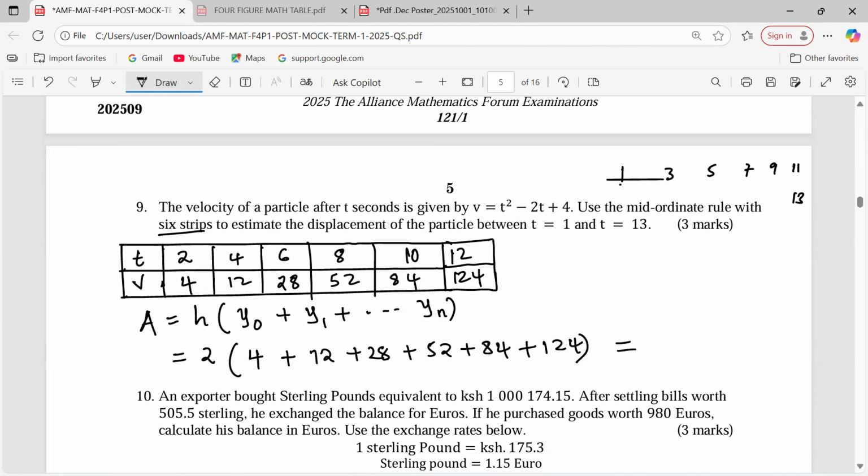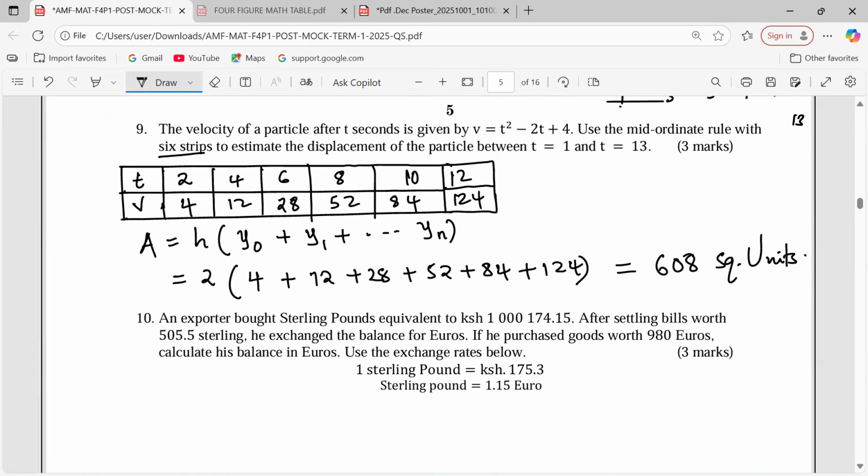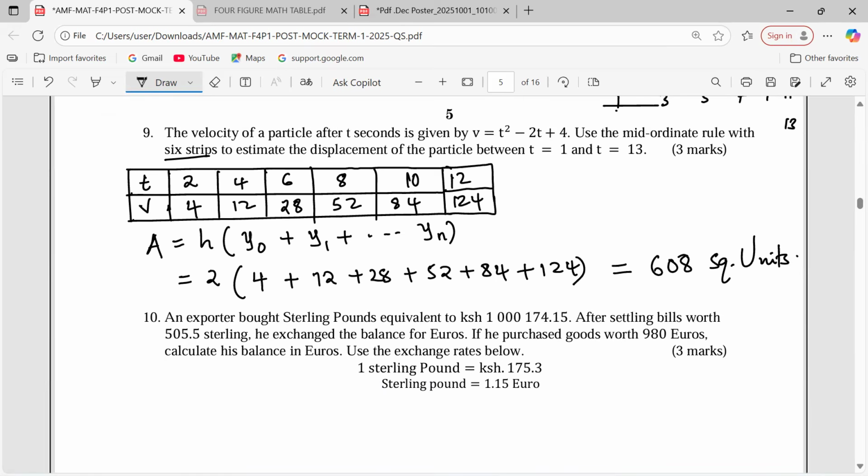So this will give us a total of 608 square units. Area by the mid-ordinate rule.